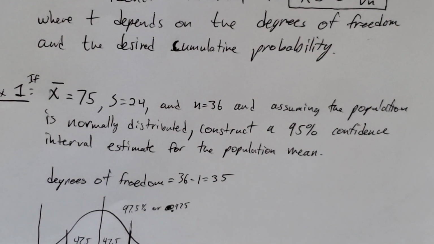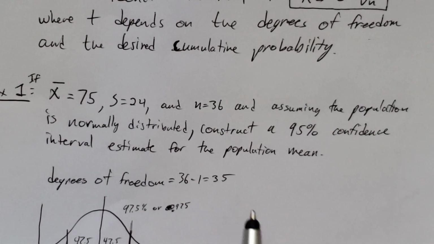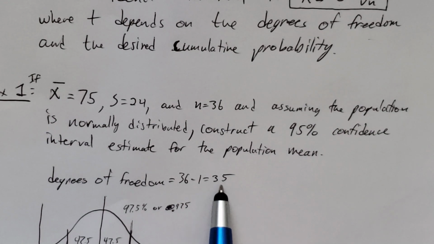We're going to do the same thing, except we're going to use our t-chart. If you go to a t-chart, you find the row with degrees of freedom 35, and then go to the cumulative probability of 0.975.